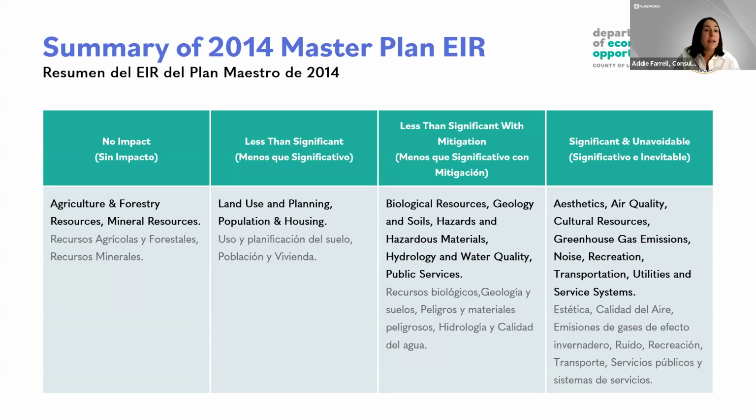And then there was also a set of impacts that were determined to be significant and unavoidable even after all feasible mitigation measures were implemented. So that includes aesthetics, air quality, cultural resources, greenhouse gas emissions, noise, recreation, transportation, and utilities.